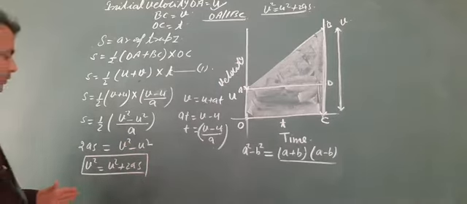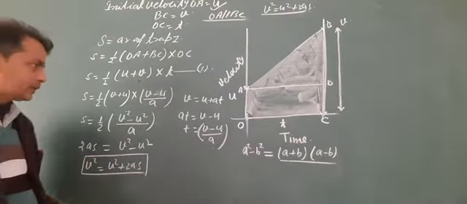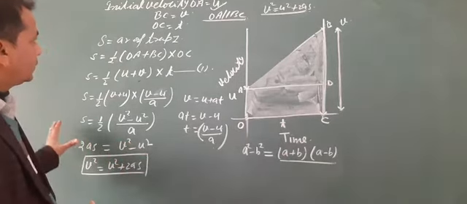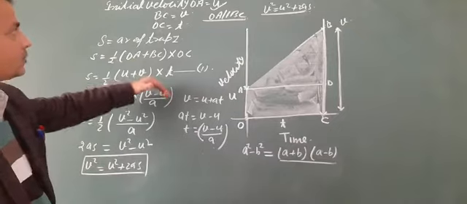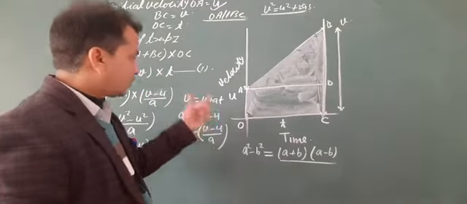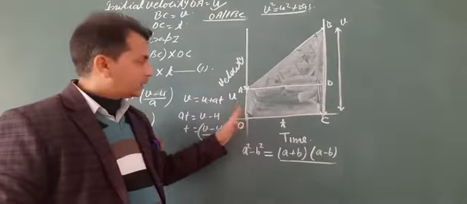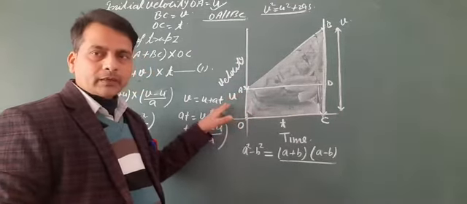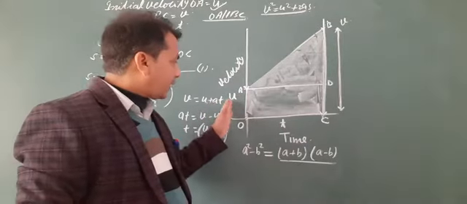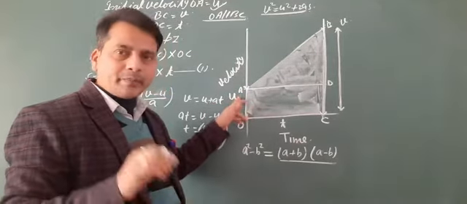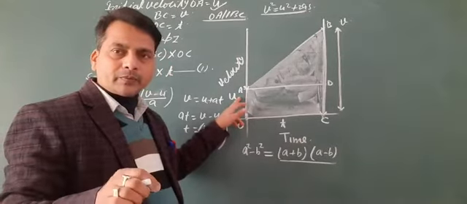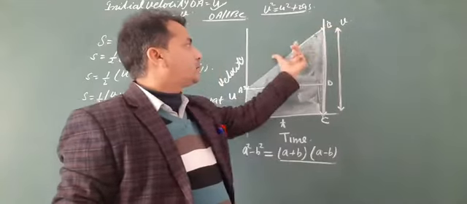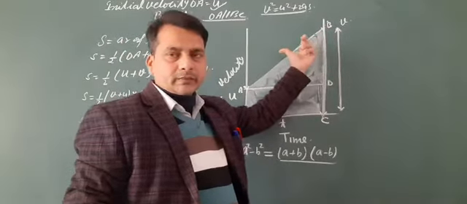The derivation of the third equation of motion by the graphical method is in the following steps. In the derivation of the third equation of motion, first of all, suppose that OA equal to the initial velocity at the point A, that is U, and after T time it becomes the final velocity at the point B with uniform acceleration.